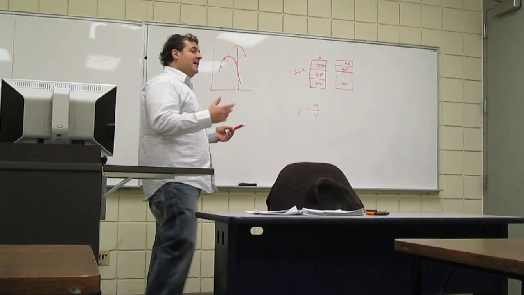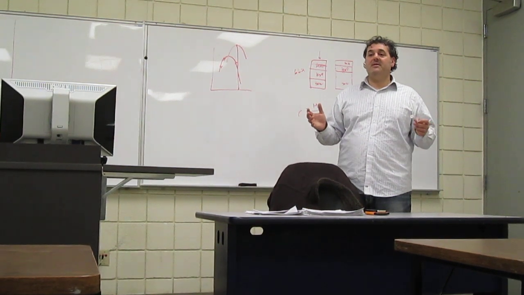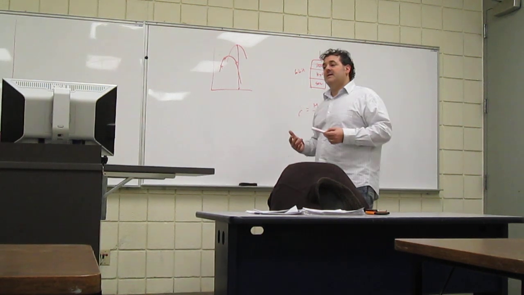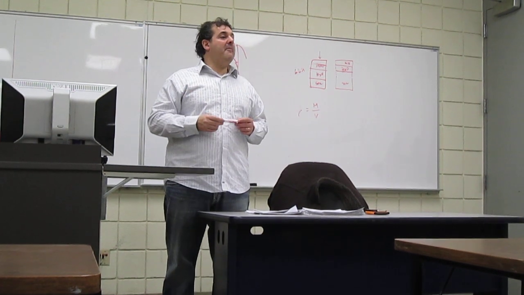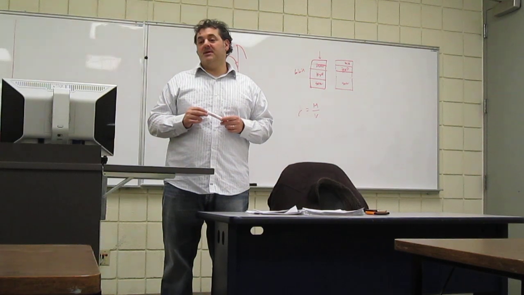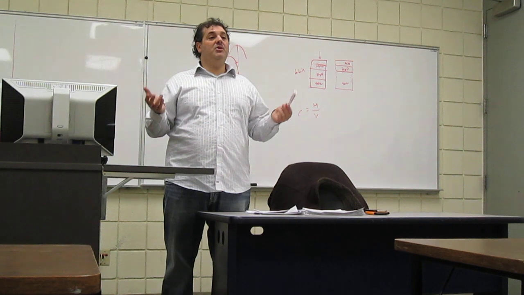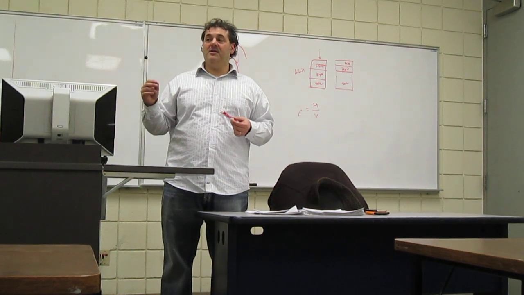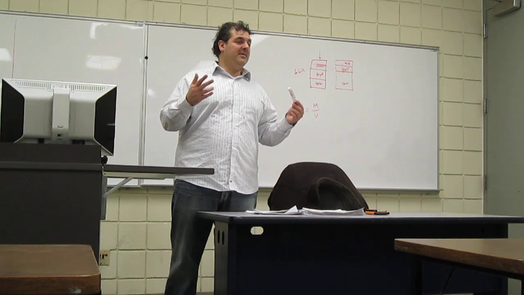A sand cone is one of my favorite labs, and you'll see why, because it makes sense at the end. Whoever came up with the sand cone idea was a genius, because by doing a sand cone, you can figure out the density of soil without knowing too many things about that soil. I'll explain what I'm talking about.